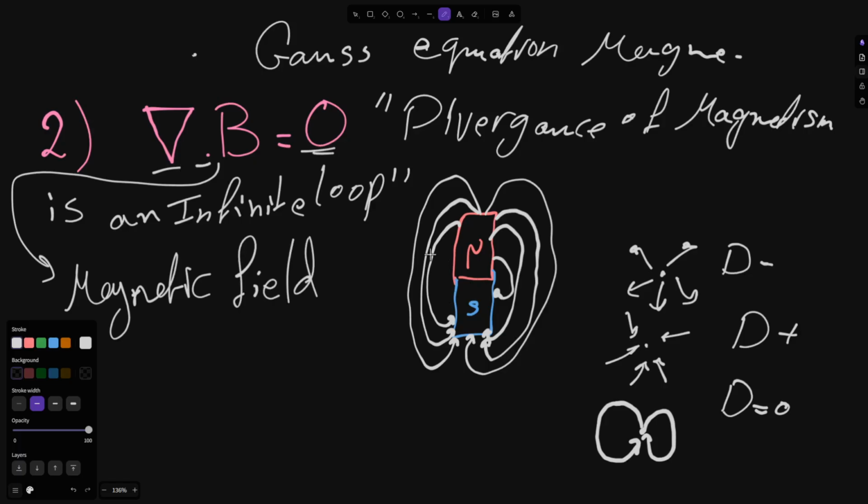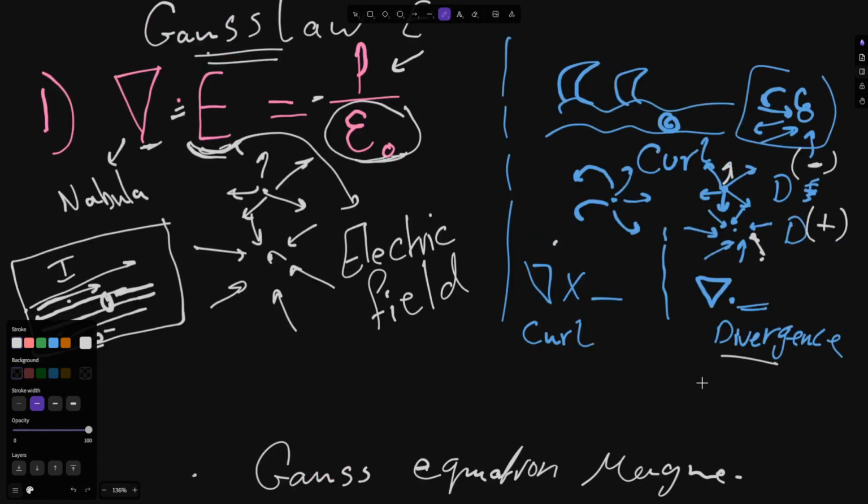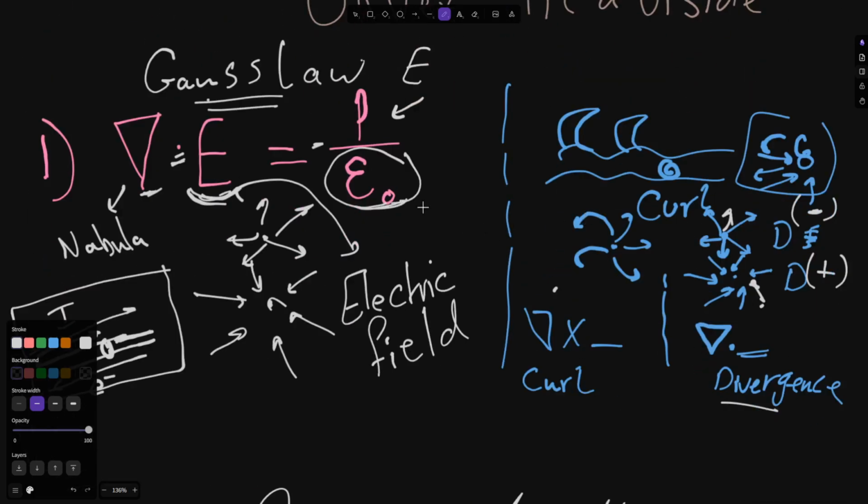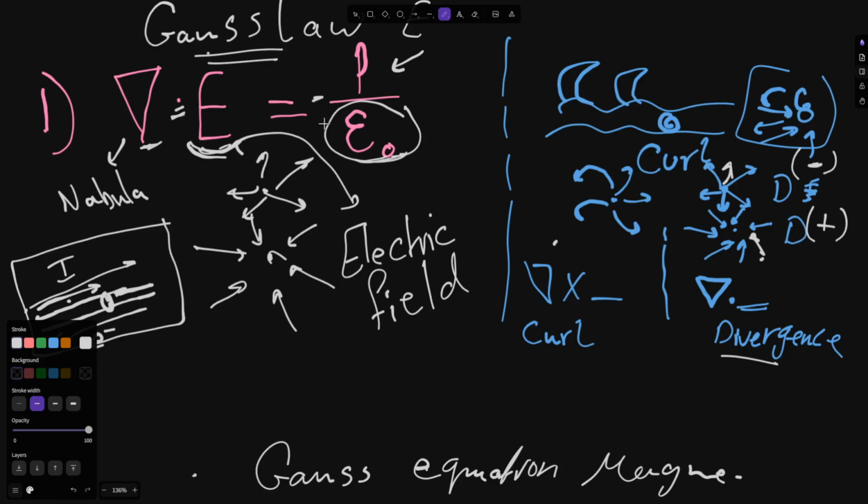This is a general rule getting us to this visualization, telling us that the magnetism gets from a point and gets back to it, making an infinite loop. So this one was simple, but it's different from the first one, where it says that the electric field gets from a point to the other point in a different direction from the current.